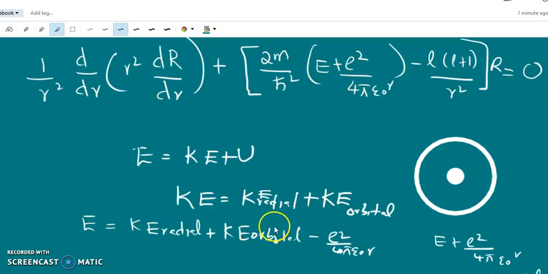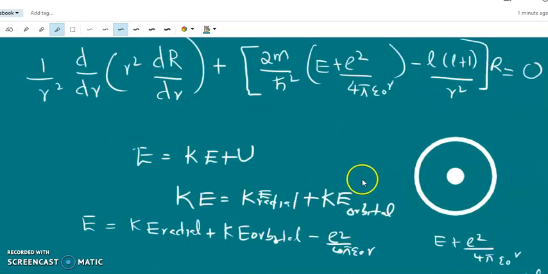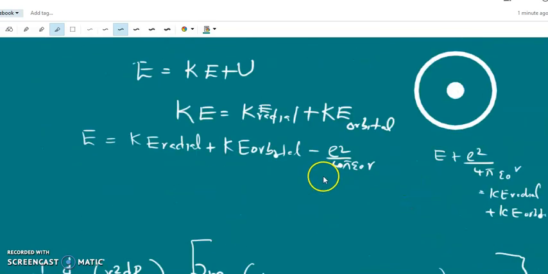So adding e²/(4πε₀r), we can see that E plus e²/(4πε₀r) is equal to kinetic energy radial plus kinetic energy orbital. The plus and minus terms cancel.